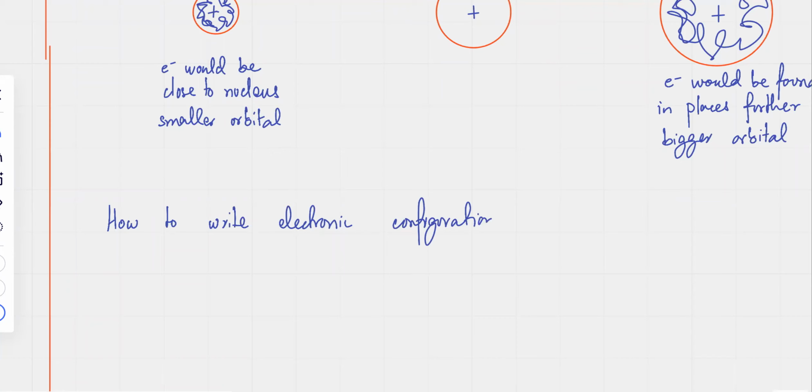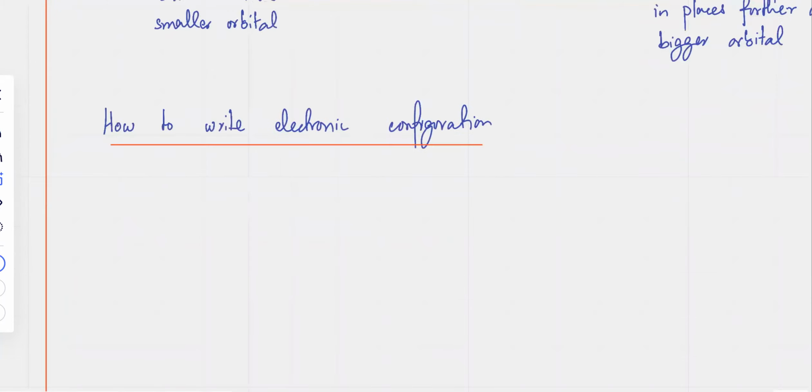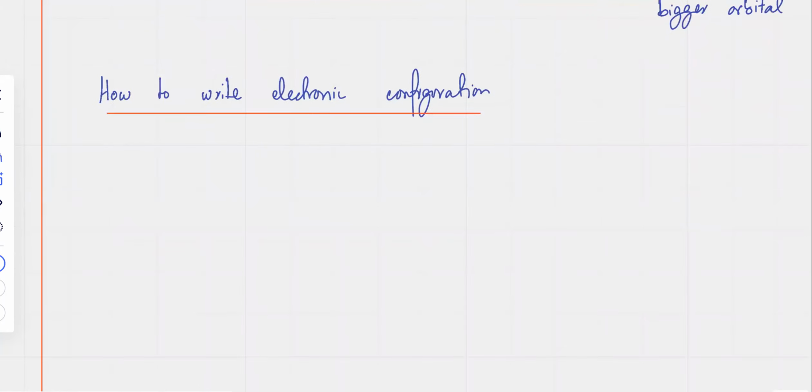So around the nucleus, you've got many spaces where the electron could be present: S, P, D, and F, with different energy levels. There's a table known as the Aufbau principle. Almost all elements follow that table. It's 1s, then 2s, 3s, 4s, 5s, and so on.